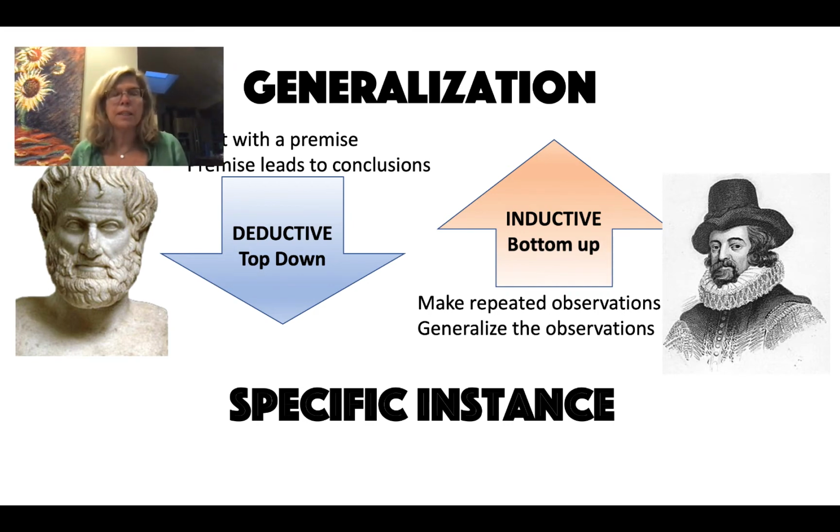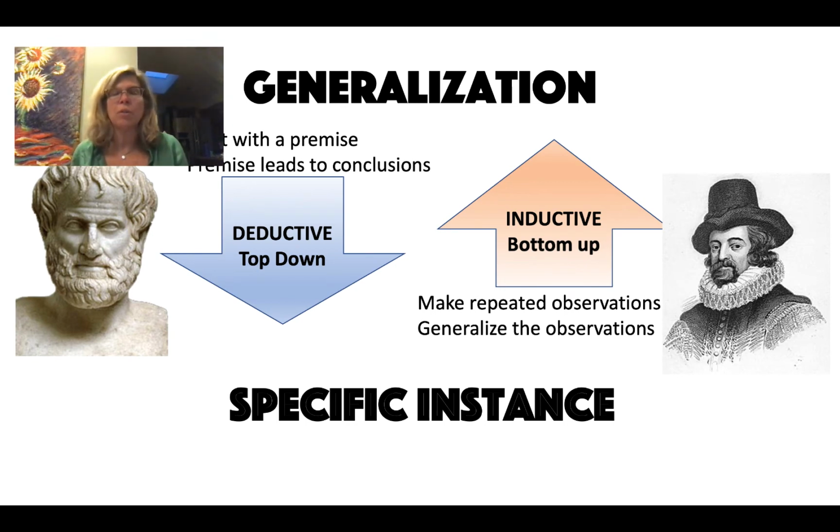Deductive reasoning is different. It comes from the top down because it starts with a concrete premise, and then it goes on to substantiate the premise with more ideas, and it leads to conclusions. So it's whether you start from the bottom up or the top down.